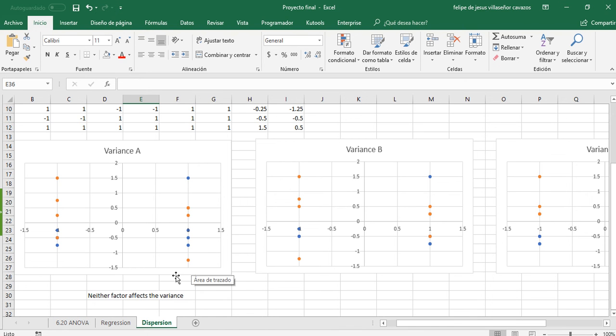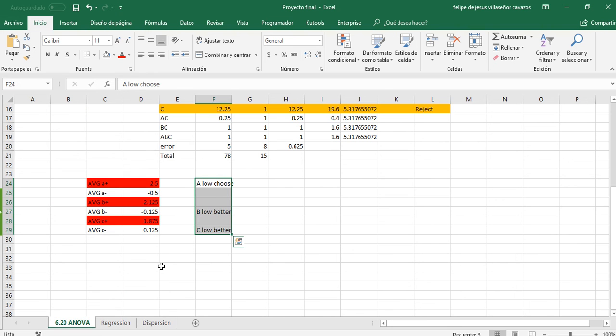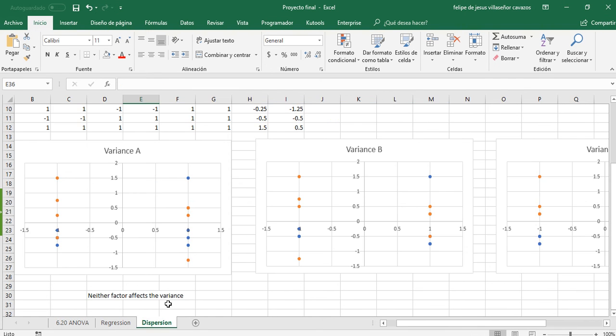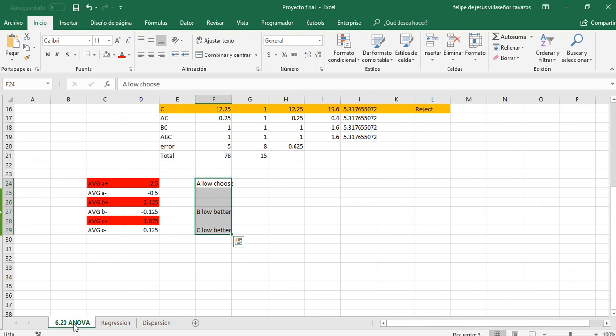So neither factor affects the variance, we can conclude. Now we go back to the first part, so this is the final answer, because neither factor affects the variance, and this one affects the average. So we choose A low, B low, and C low.